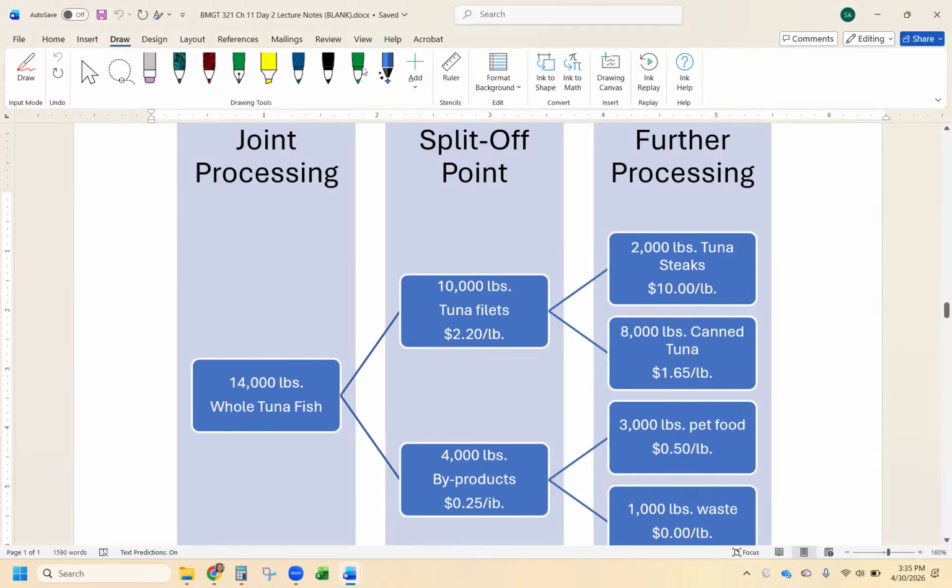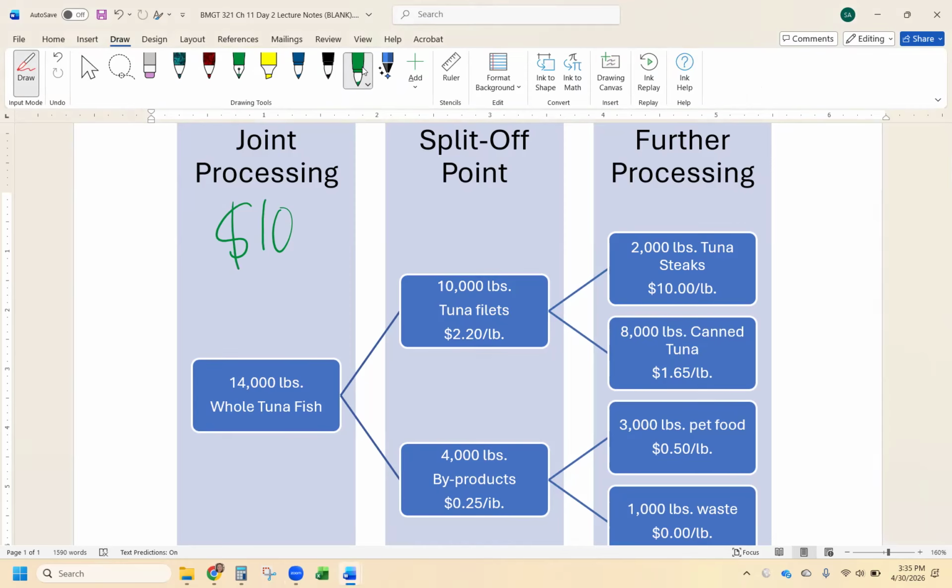So let's say that it costs $10 to process the whole tuna into the fillets and the byproducts. In chapter 6, we learned about how to allocate those costs to these two products. And we were using drivers. If you don't remember, you'll just have to trust me that we did do it.